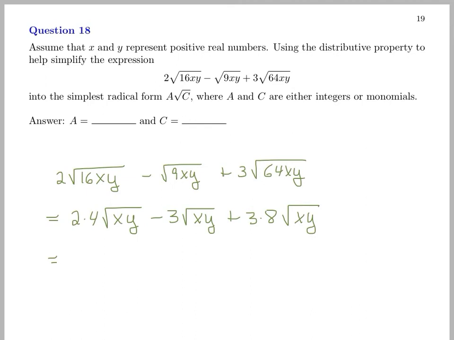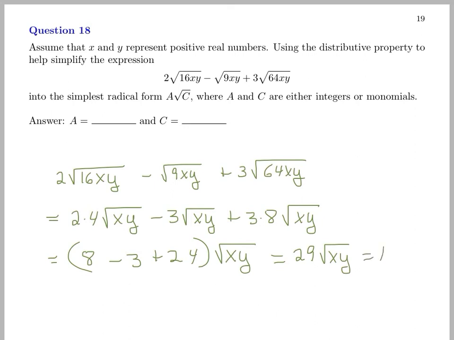And so we've got 2 times 4, which is 8, minus 3, plus 3 times 8 is 24, all times the square root of xy, because that can be factored out. And 8 minus 3 is 5, plus 24 is 29, so this is 29 square root of xy. And again, we're supposed to write it in the form a square root of c. So a is whatever's outside the square root, which is 29, and c is what's inside the square root, which is xy.